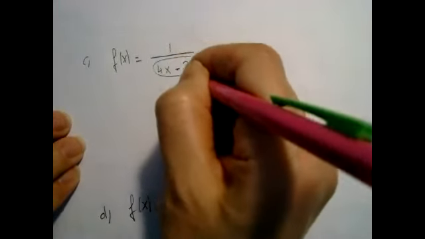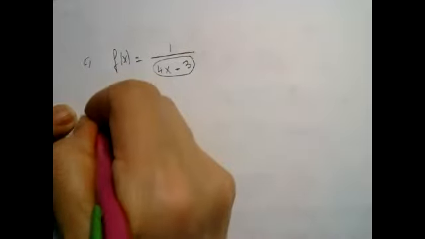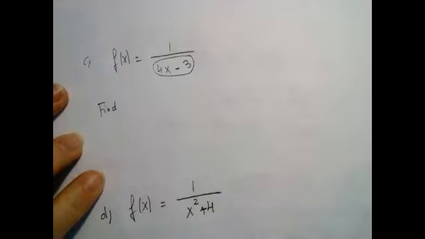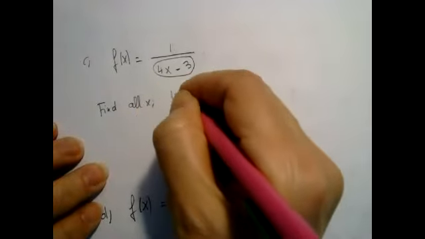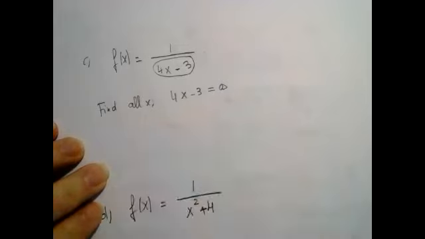Everything that makes the denominator 0. Right. So the way we're going to do it is find all values of x that make the denominator 0, and those are the ones I need to get rid of. Jake, are you with me? Yeah, I am.